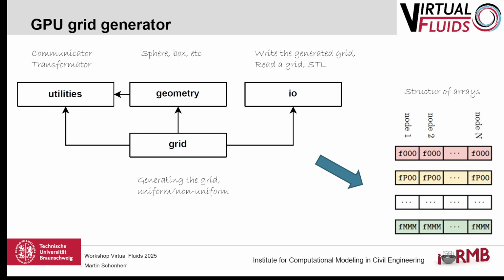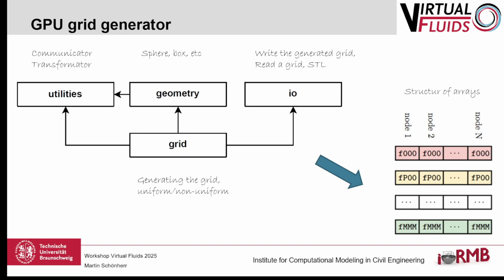What does it mean? You always have 1D arrays. Everything is stored in 1D arrays because the GPU likes this. So every population is stored in one 1D array for every node. Every node has its index. For node 1, you find the first population in the first array, the second population in the second array, and so on and so on. So this is basically the data structure of the GPU.